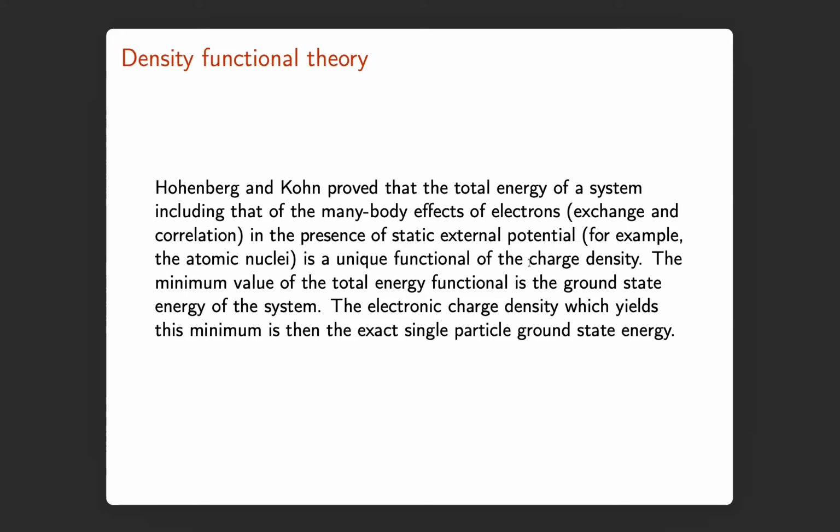So the charge density is actually the density of particles multiplied with the fundamental charge. This is also a quantity which you can extract from experiments. And the minimum value of the total energy functional is the ground state energy of the system. And this electronic charge density, which yields the minimum, is then the exact single particle ground state density.